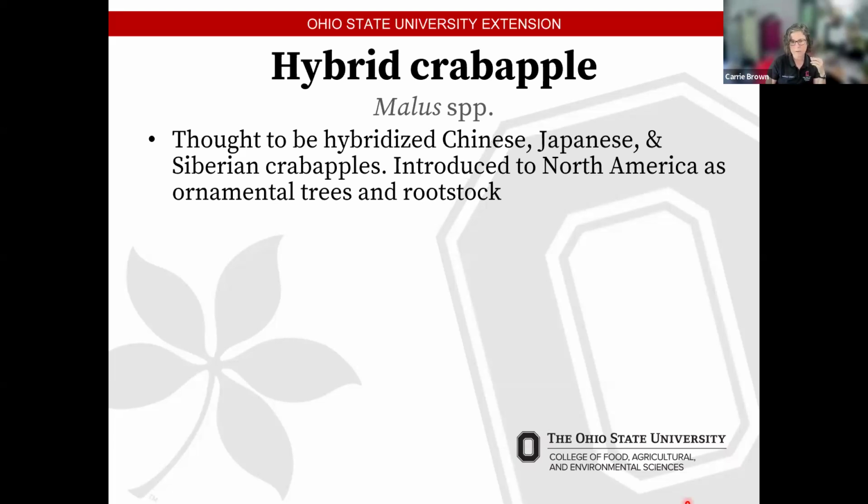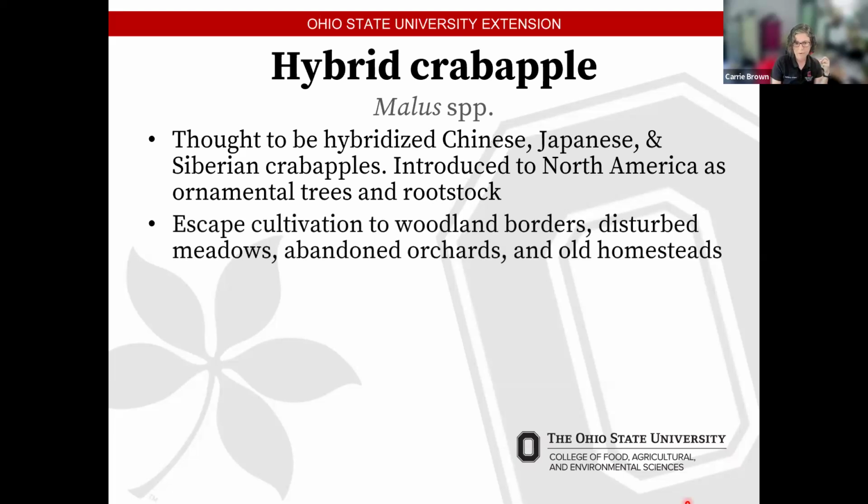The great majority of Malus species are European and Asian in origin. Of course, crabapples were introduced to North America as ornamental trees and as rootstock, so they have been here for a while, but they're showing to escape cultivation to woodland borders.